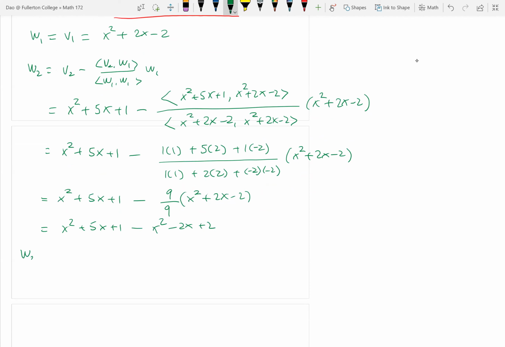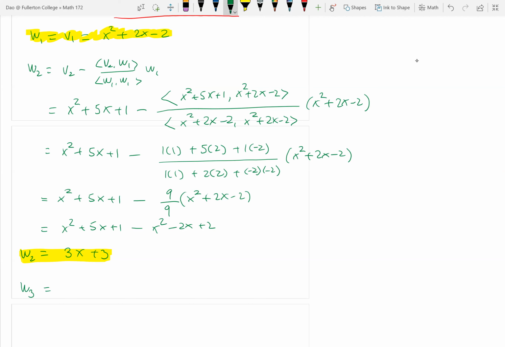So W2 will be 3x plus 3. Okay, so that's how we get W2. We already got W1. And now we need to get one more, which is W3.